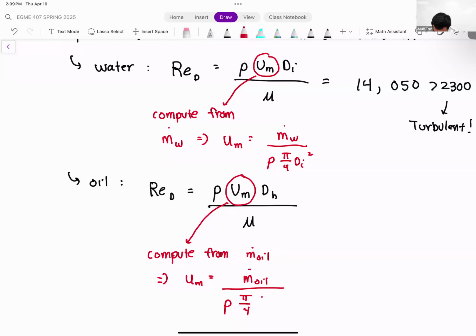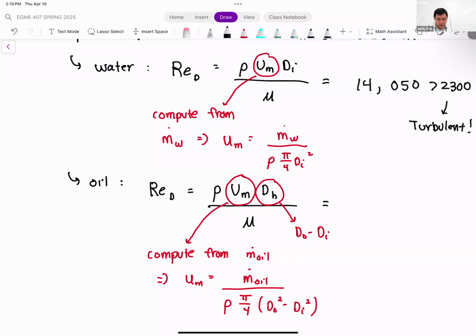And so this is going to be D_o squared minus D_i squared. Now D_h here is simply D_o minus D_i.